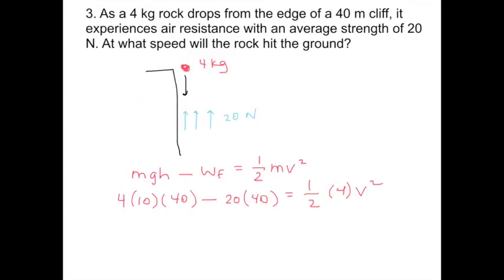Now we can simplify a little bit. We'll get 40 times 40, so 1600, minus 800 equals 2v squared. So 800 equals 2v squared. Divide both sides by 2. v equals root of 400, or v equals 20 meters per second.